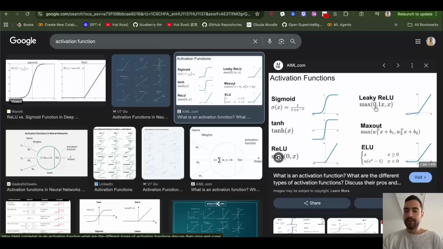So they will be 0.1 times x if they are lower than 0, or they will just remain x if they are higher than 0. So this doesn't erase information completely like the ReLU function, while it still provides nonlinearity, this bending, so the neural network can use this bending to encircle some data.